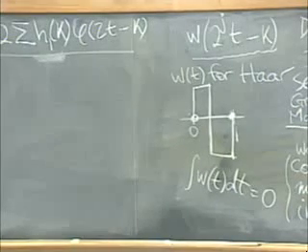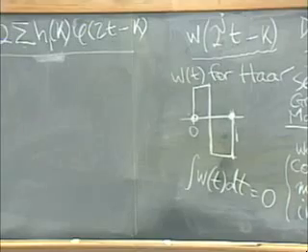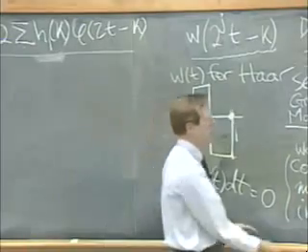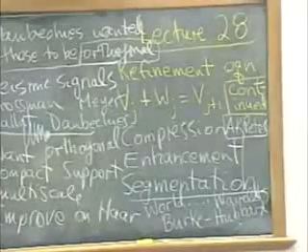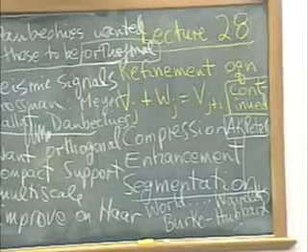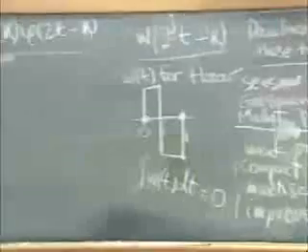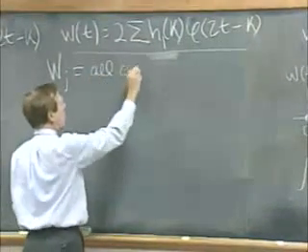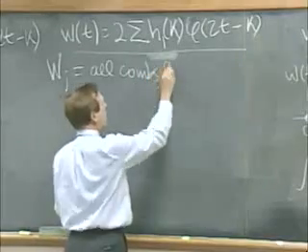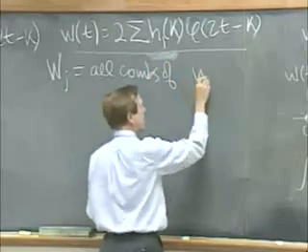Okay, and these spaces W, what I've called in the lecture outline W_j. So what is W_j? Fair enough, it's all combinations of the wavelets instead of the scaling function.